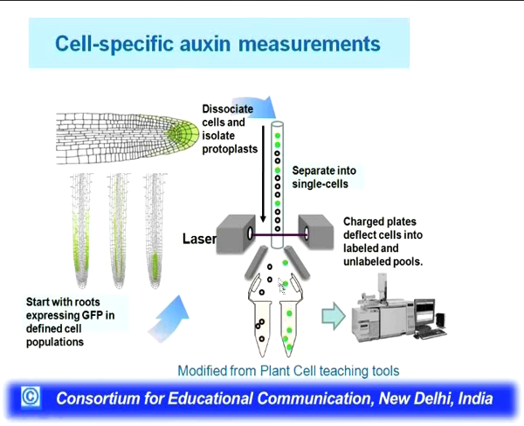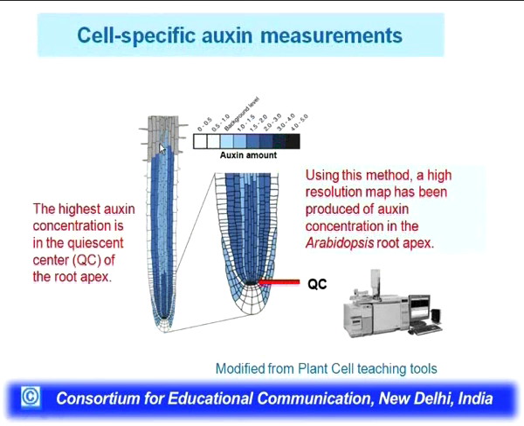By that, one can identify the number of cells in a tissue which are expressing auxin versus the others which are not making auxin. As I told you, there is cell specific auxin measurement. So, auxins are measured and for each and every cell, how much auxin is there, one can now tell. These are the tools which are available today for doing auxin research.